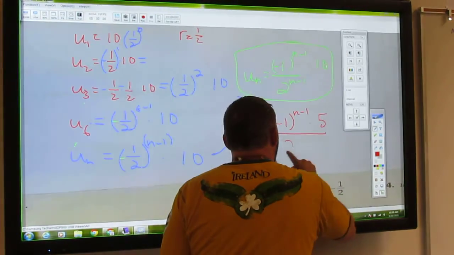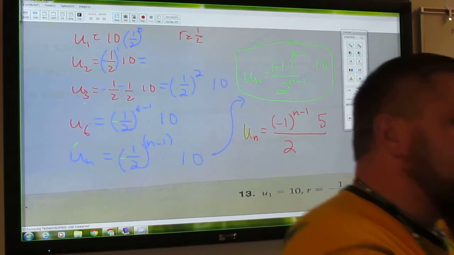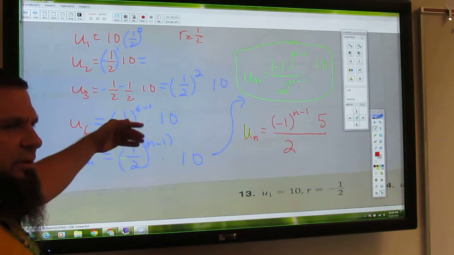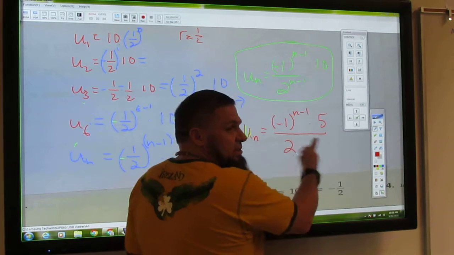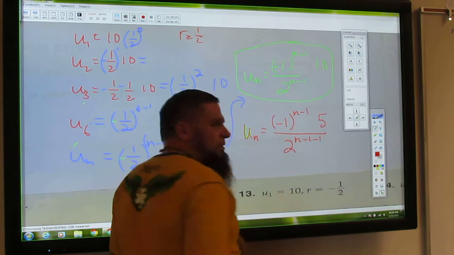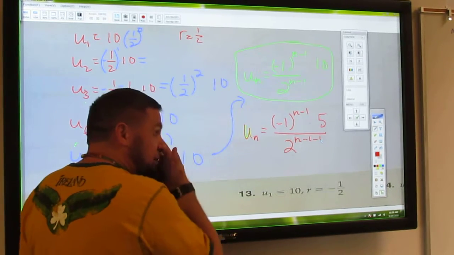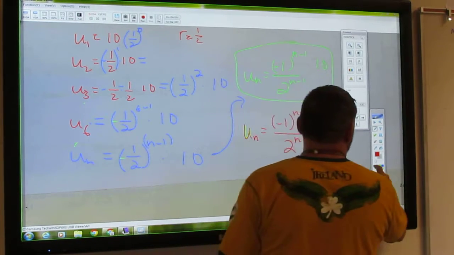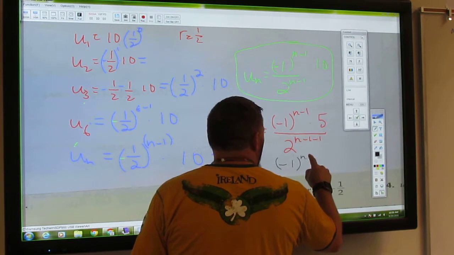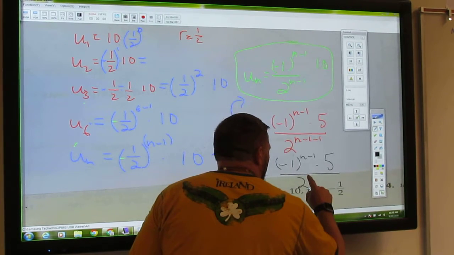So is this going to be 2 to the n minus 2, or 2 to the n? If I'm taking away one of these 2's, I'm going to be minusing 1 from it. So when it finalizes, u sub n is equal to negative 1 to the n minus 1 times 5 over 2 to the n minus 2.